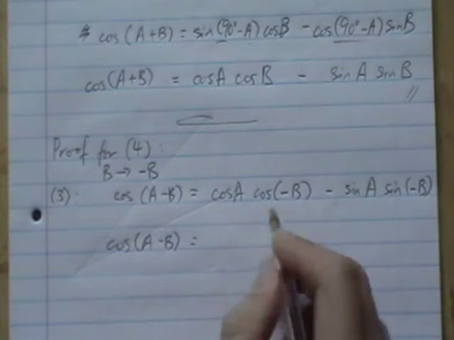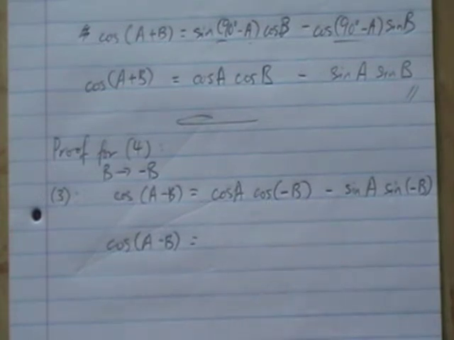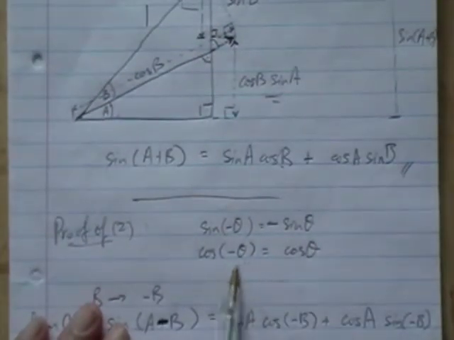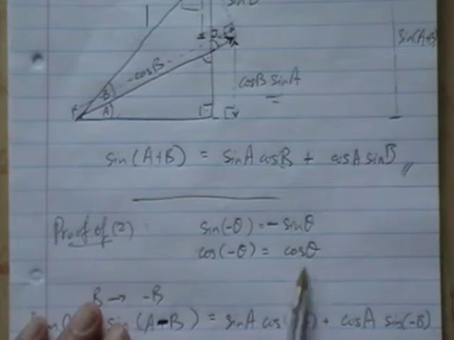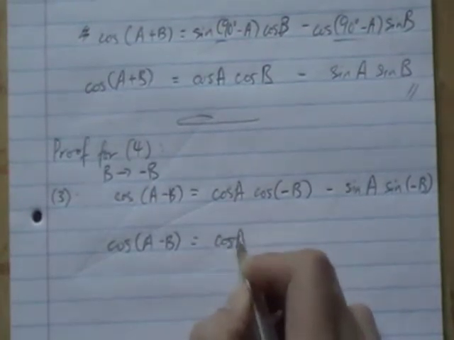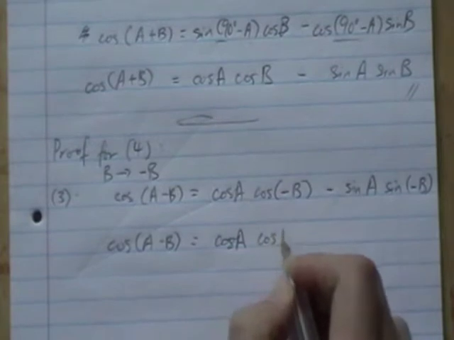Then we have cosine of minus b is, let's look back at the relations. Cosine of minus theta is cosine theta with no more signs. Sine of minus theta becomes minus sine of theta. So if we use it here, cosine of minus b is cosine b.